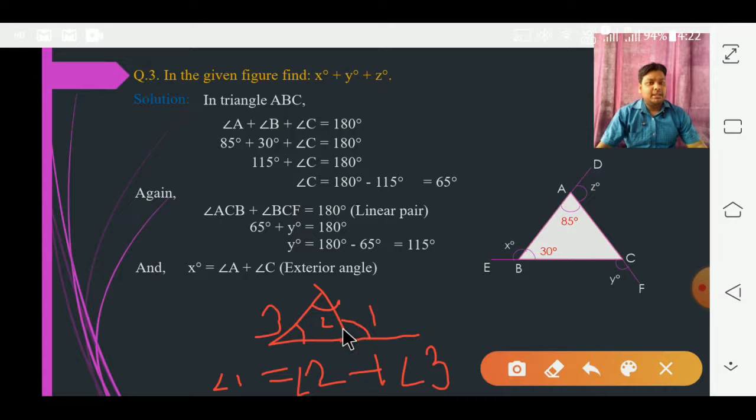We can't take this angle; we have to take the two opposite interior angles and sum them.